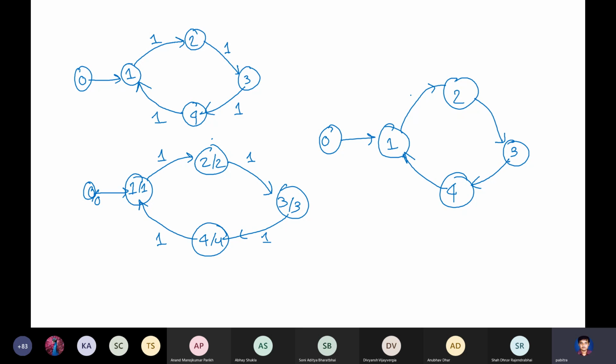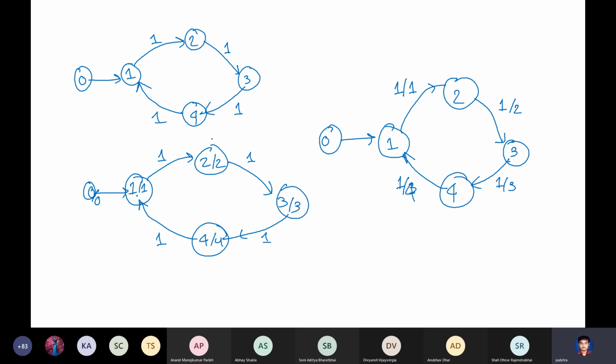So in another representation, what I do is I move the output from inside the bubble, inside the state, to outside the state. The difference here is when it is in state 1, it outputs state 1, then it gets an input 1, then it moves to state 2 and outputs state 2.